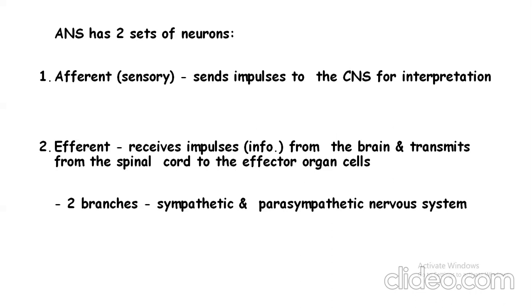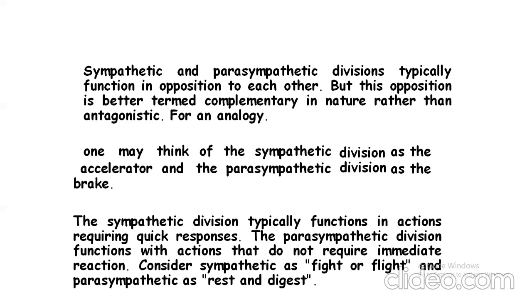cells. And this autonomic nervous system has two branches, sympathetic and parasympathetic nervous system. The sympathetic and parasympathetic divisions typically function in opposition to each other, but this opposition is better termed complementary in nature rather than antagonistic.